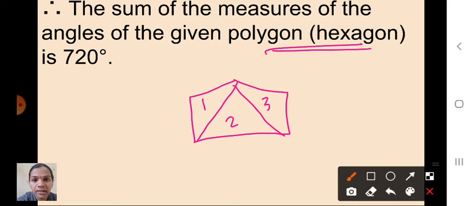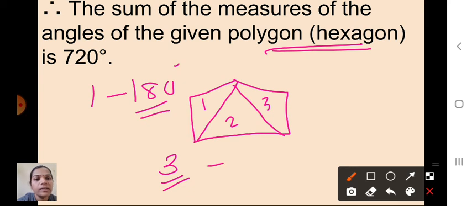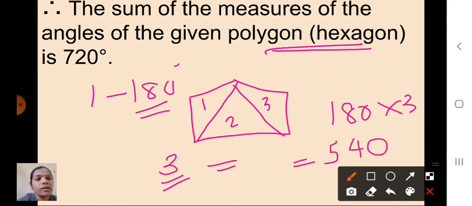So in total how many triangles will we get from this pentagon? 3 triangles. One triangle has 180 degree measurement, so for 3 triangles, 180 into 3. So what is your answer? 540 degree. Understood children?